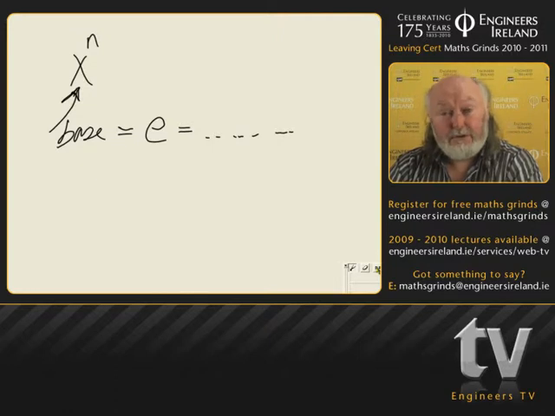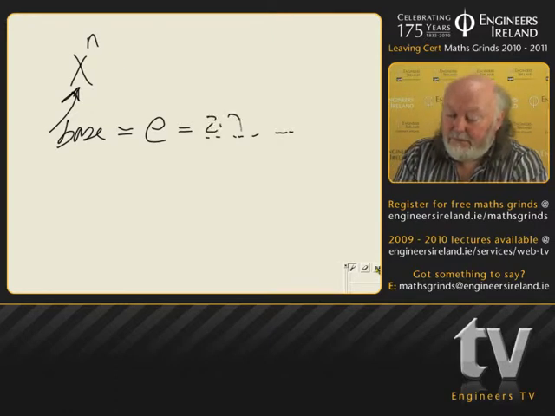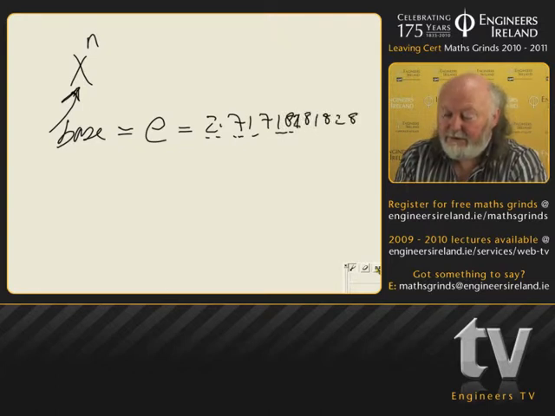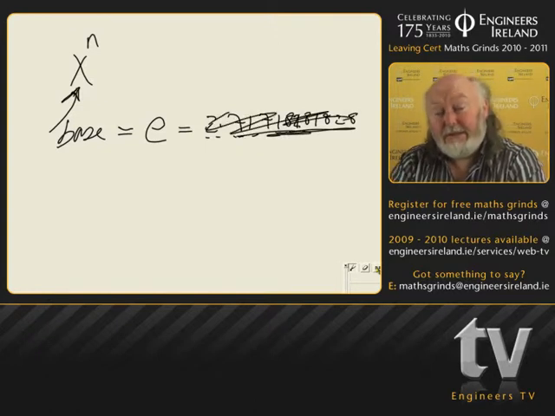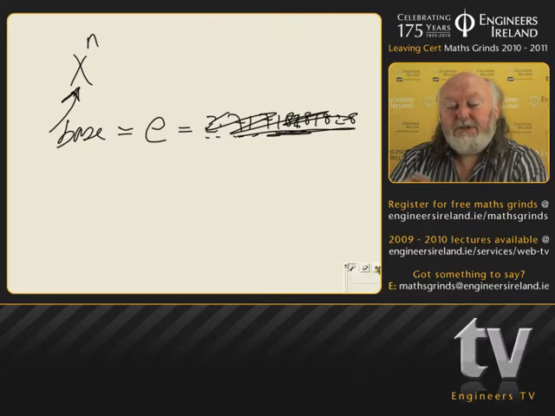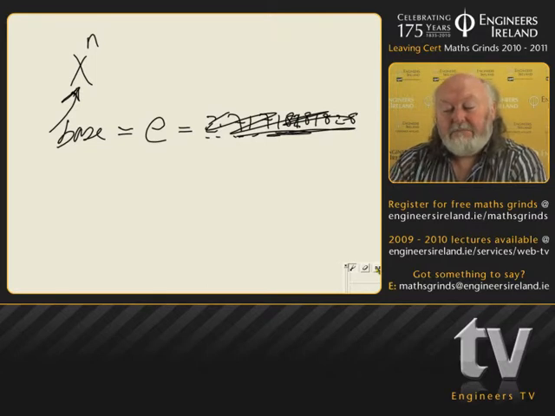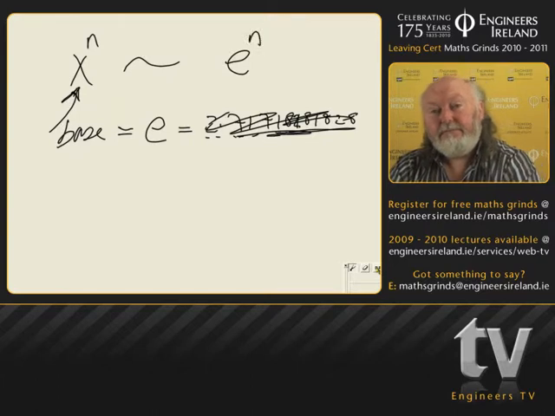And once you're in college, you will actually find that this thing crops up all over the place. It's about 2.717282828. You don't have to remember all of that stuff. It's irrelevant. Your calculators have e in it. So if we're saying x to the n, that could be e to the n.